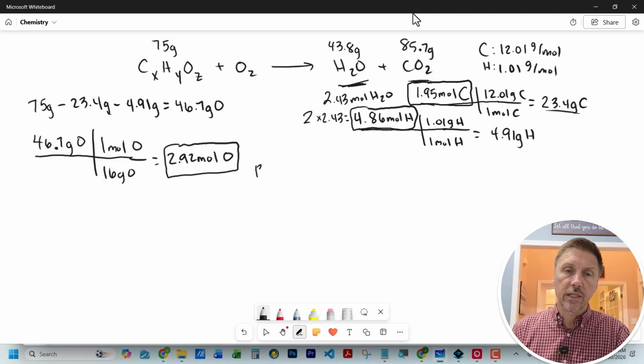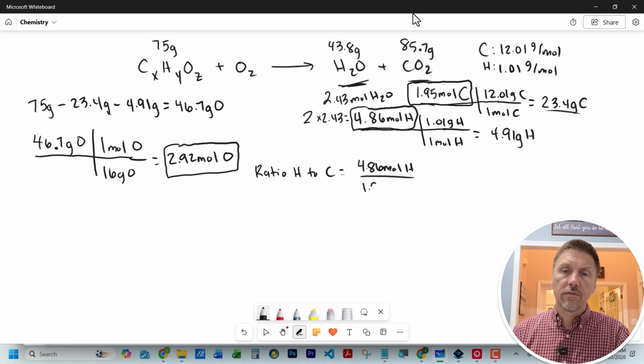So we do the calculation of the ratio. We'll first do hydrogen. Hydrogen to carbon is going to be 4.86 moles of hydrogen divided by 1.95 moles of carbon.